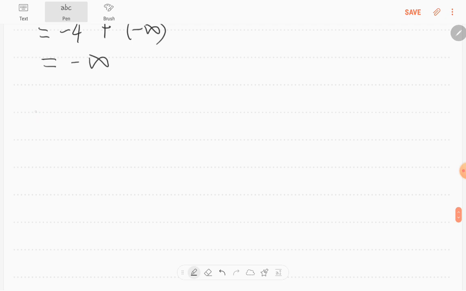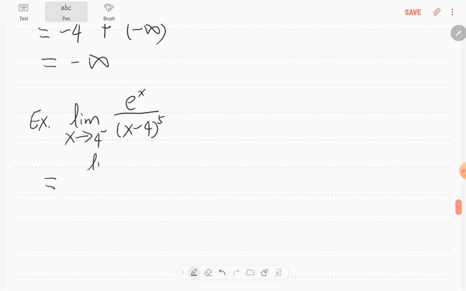Okay, so now let's look at this example. The limit as x approaches 4 minus of e to the x over x minus 4 to the fifth. We know that we can take the limit of the numerator and the limit of the denominator.